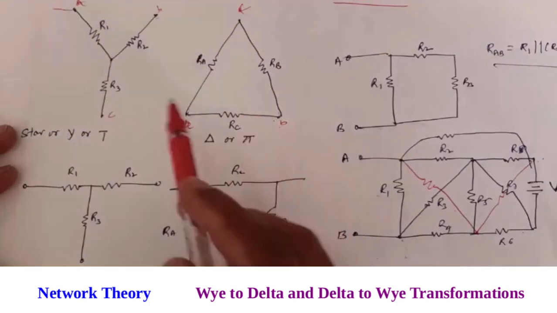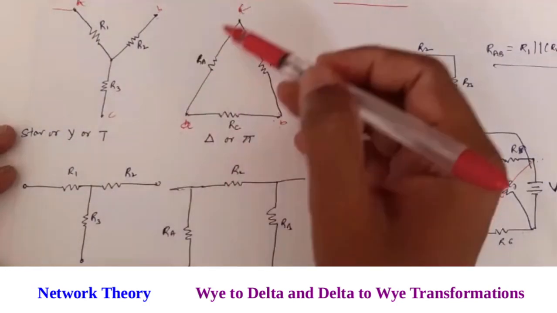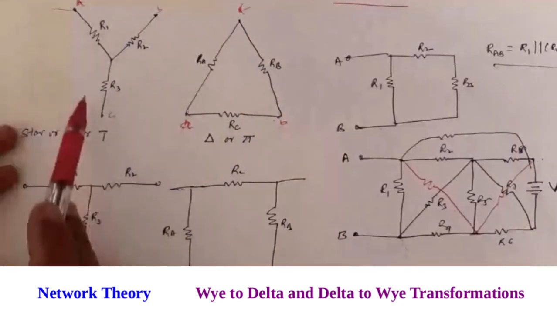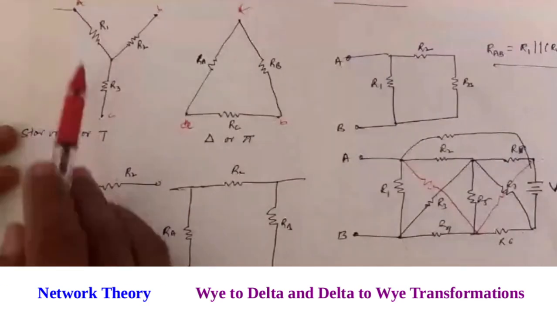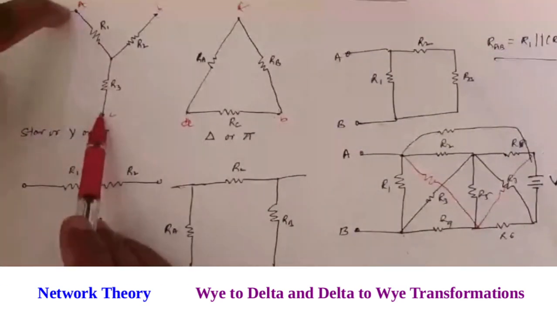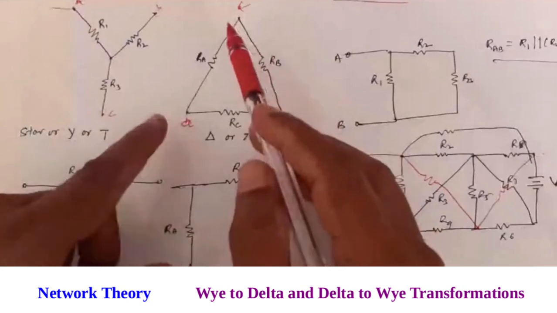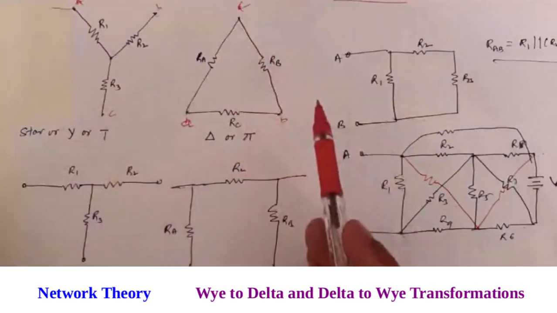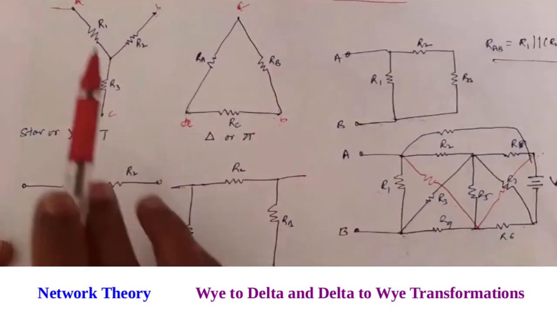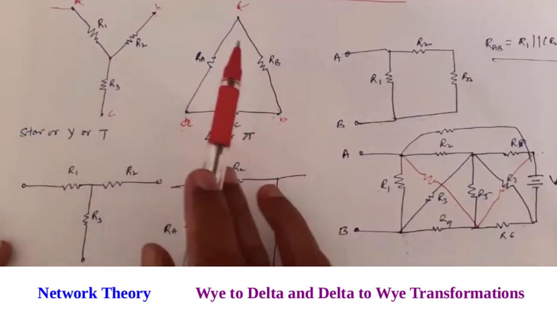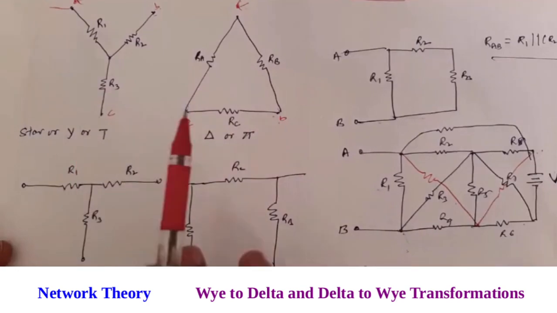And whatever the resistance I get between A and C, the same resistance I should get between A and C of this network. If the resistance between any two terminals of a Y network and a delta network is equal, then we can say that both networks are equivalent. In place of Y, I can substitute delta, or in place of delta, I can substitute a Y network.